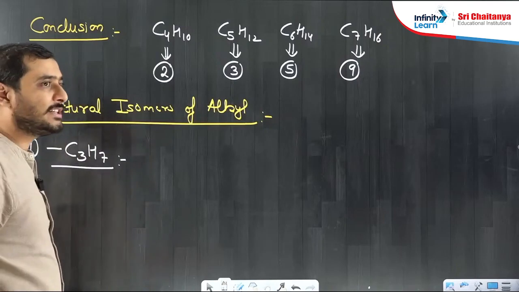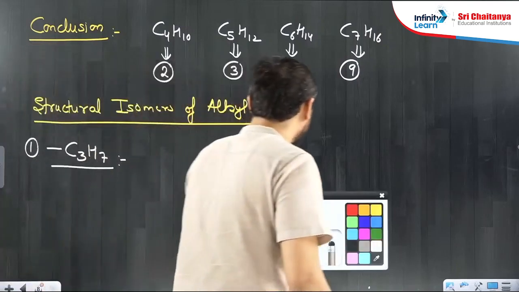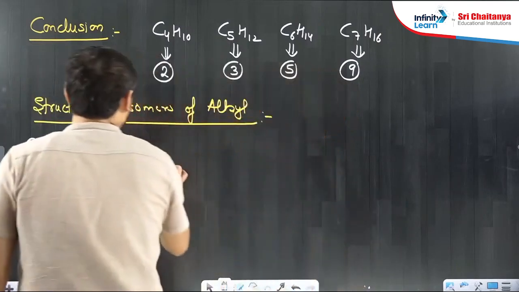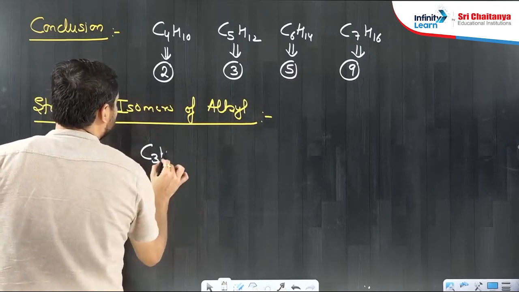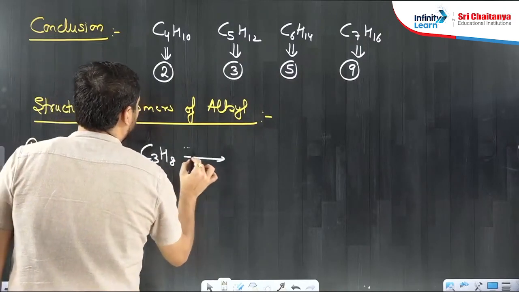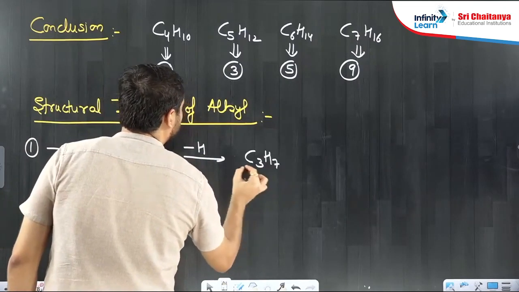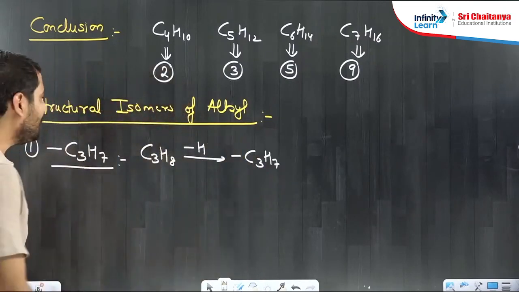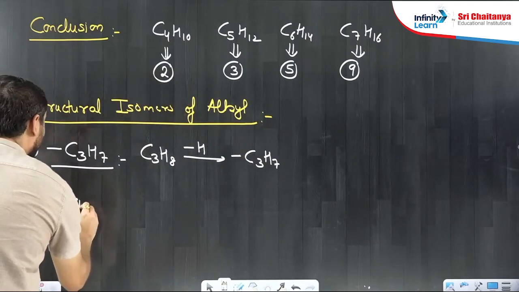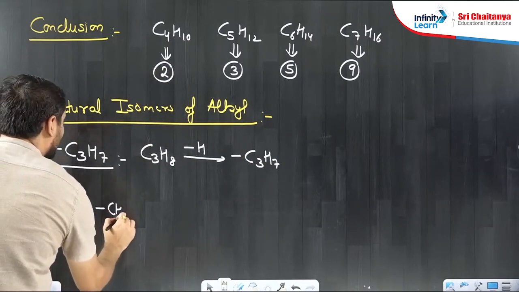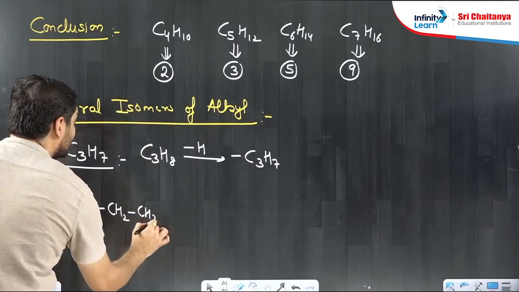Now how is C3H7 formed? It is formed by removal of hydrogen from C3H8. Remove one hydrogen. So what we get? C3H7. Now how many possible cases are there? If we draw structure of C3H8, propane, only this structure is possible.